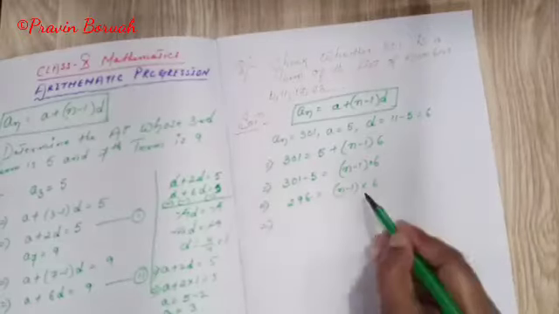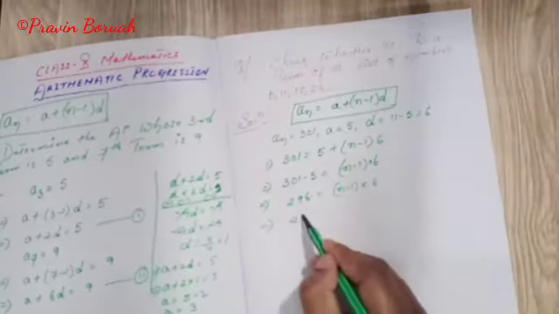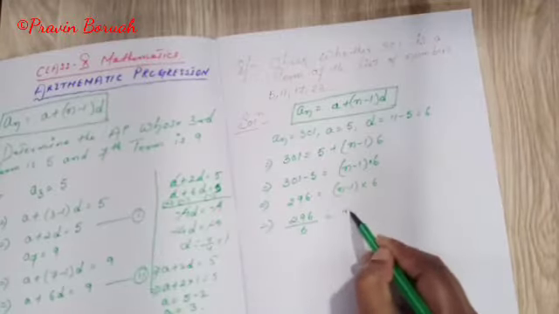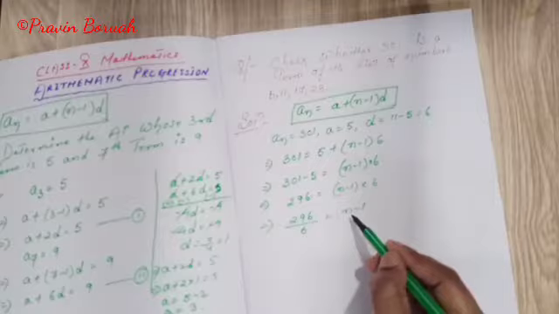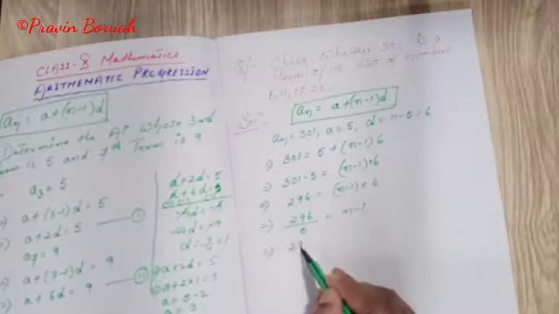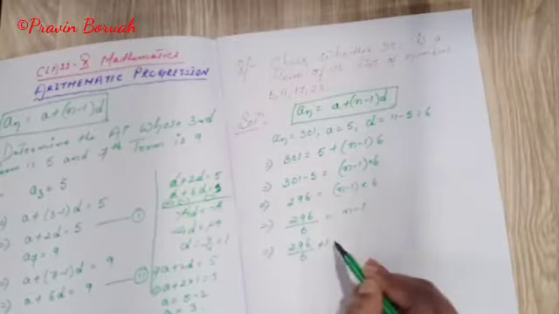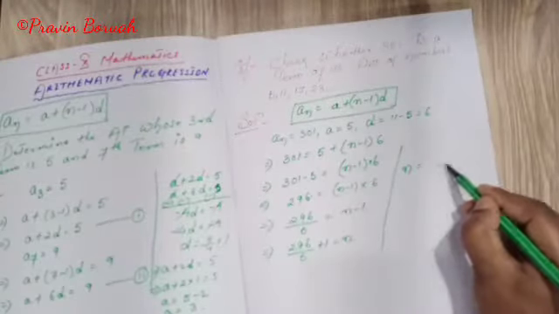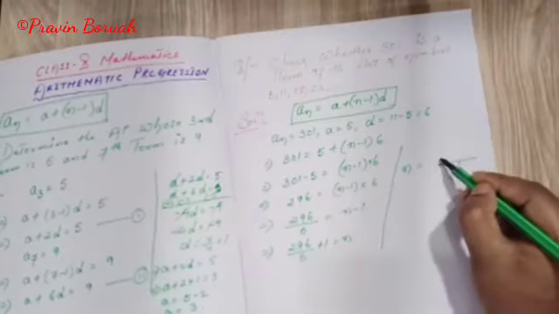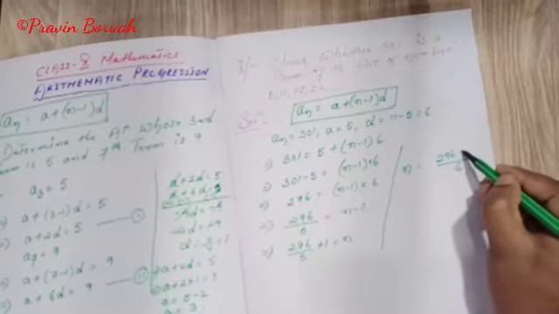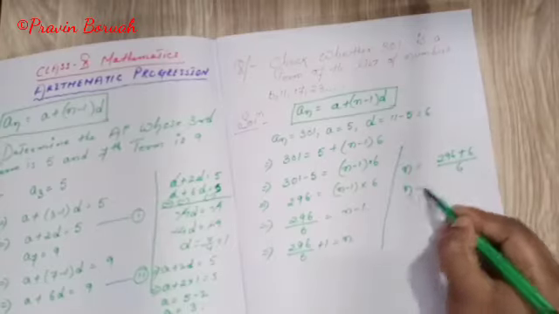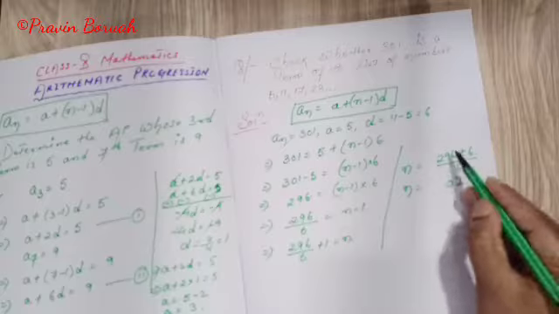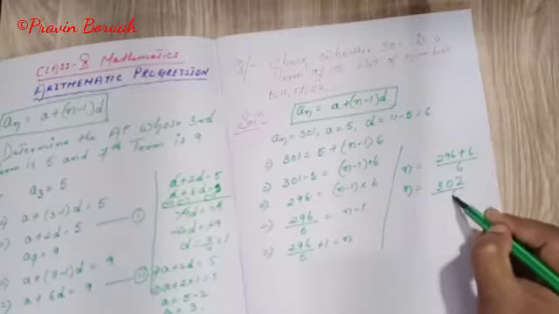So we have to find out the value of n here. So 296 divided by 6 is equal to n minus 1, correct? So you make n isolated: 296 by 6 plus 1 is equal to n. Okay, so n we got, take the LCM, 6. So n is equal to 296 plus 6, which is 302, divided by 6.